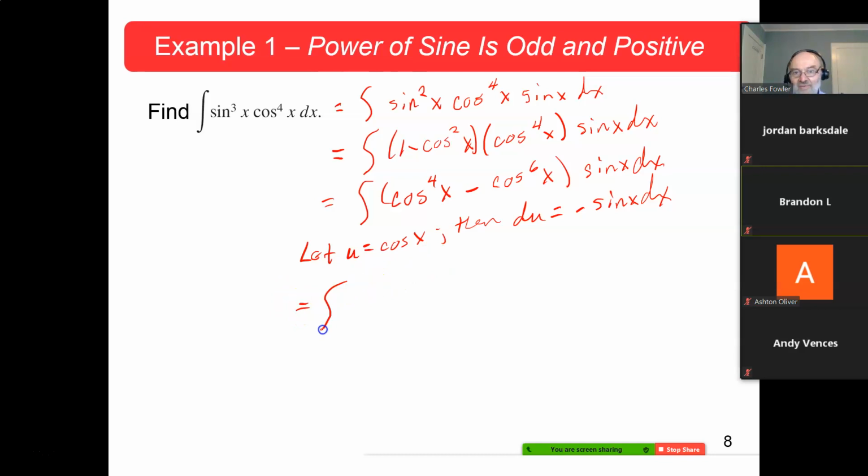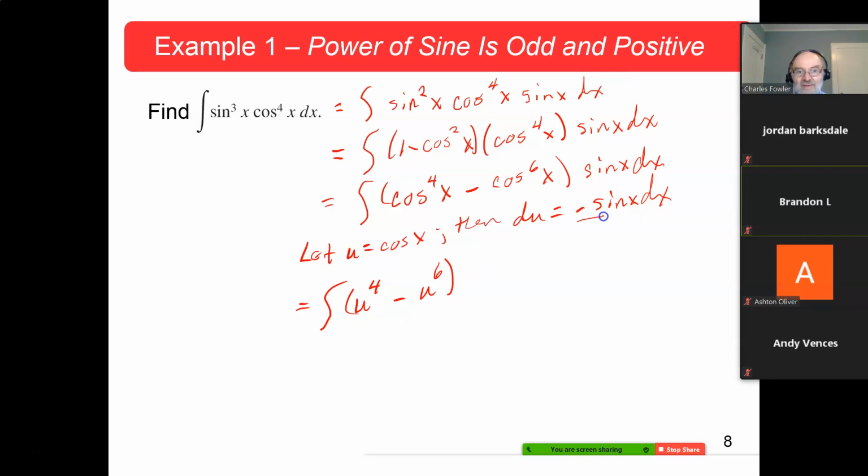We've got the integral of cosine to the fourth. Well, that would be u to the fourth, because u was cosine. Minus cosine to the sixth. Cosine is u, so that's u to the sixth. Now, the problem is we've got a minus sign here. So let's do it this way, I guess.